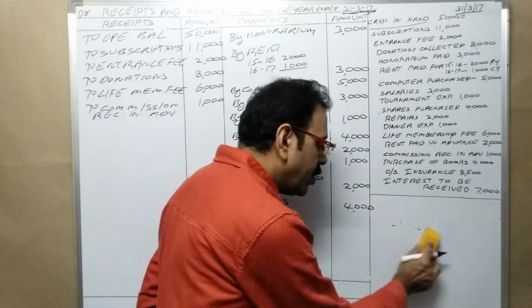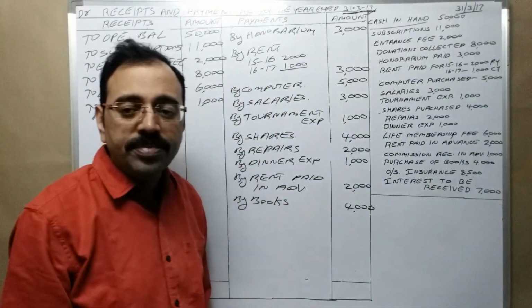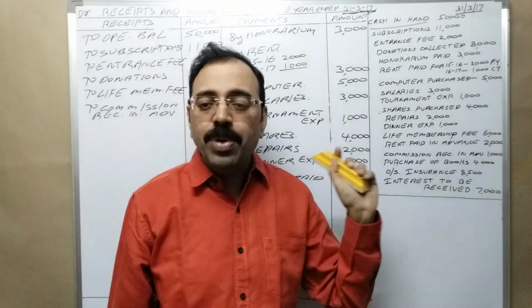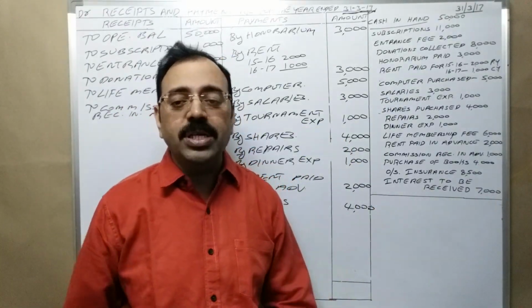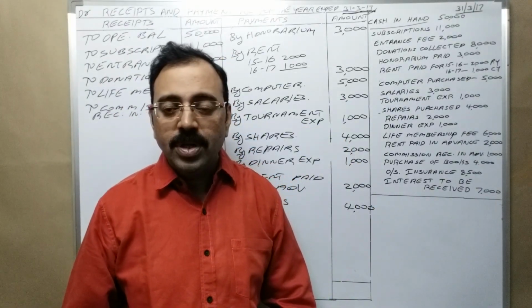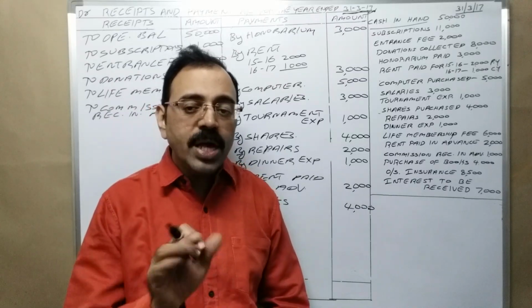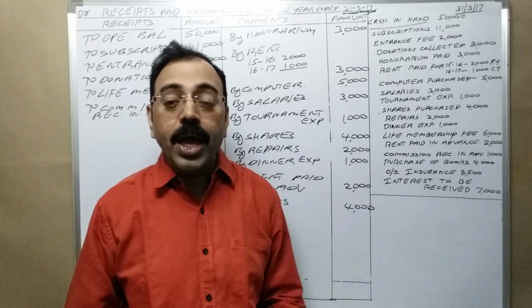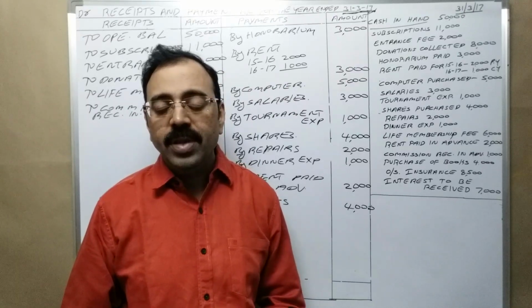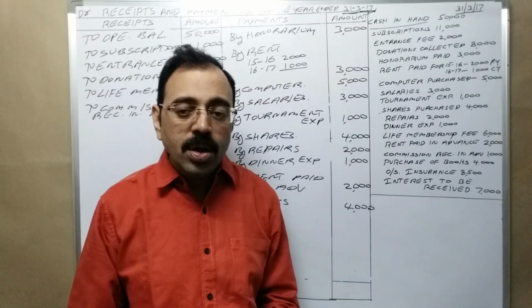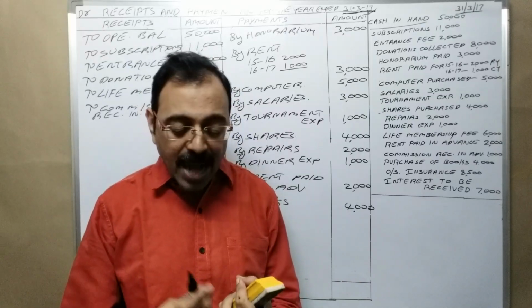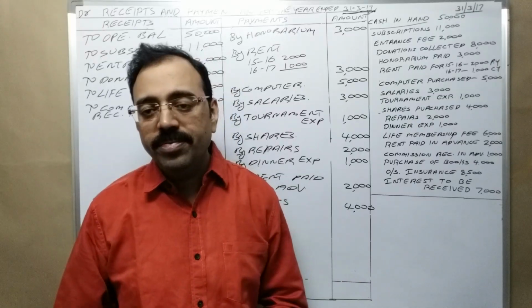So remember one important point. Receipts and payments account is prepared under cash basis. To maintain accounts, two bases are there: cash basis and accrual basis. Cash basis means when cash is paid, we record; when cash is received, we record.